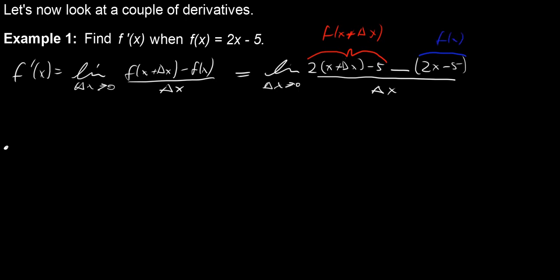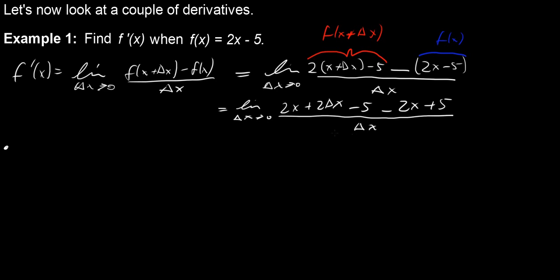Okay, so we would end up with the limit as delta x goes to 0 of, when I distribute, 2x plus 2 times delta x minus 5, and then when I distribute in back here, it would be minus 2x plus 5, because a negative times a negative is a positive, and that's all divided by delta x. I want to take the limit of that fraction.